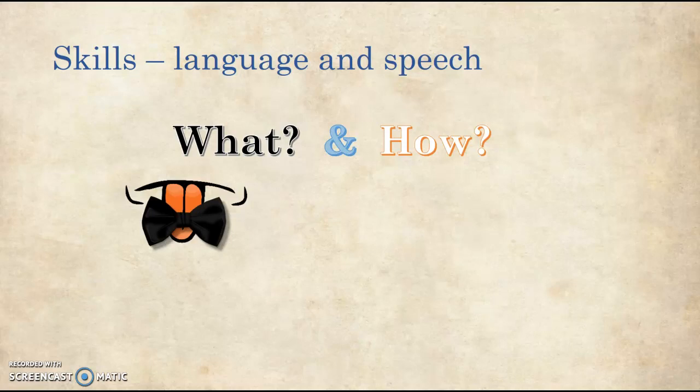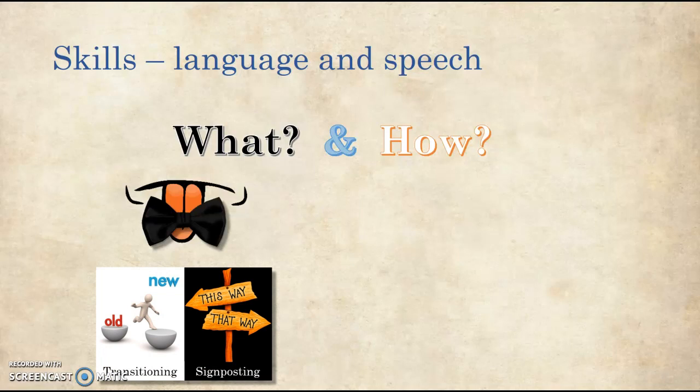But at the same time, this is still spoken language. So my recommendation would be that the language you use will be somewhere in between your written academic language and your spoken language. But what really is the focus of this part is using transitioning and signposting language. And I will tell you more about these in a minute.